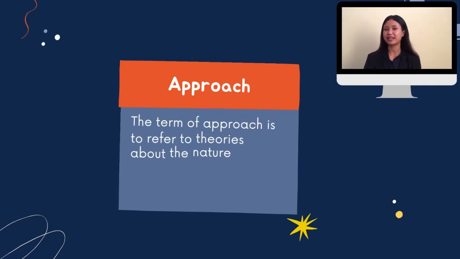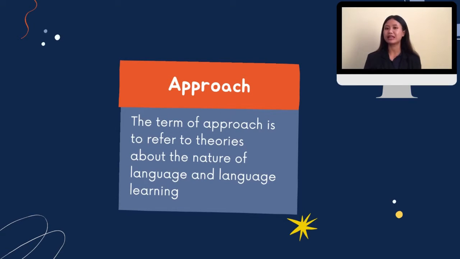The first one is approach. People use the term approach to refer to theories about the nature of language and language learning, which are the sort of the way things are done in the classroom and which provide the reason for doing them.